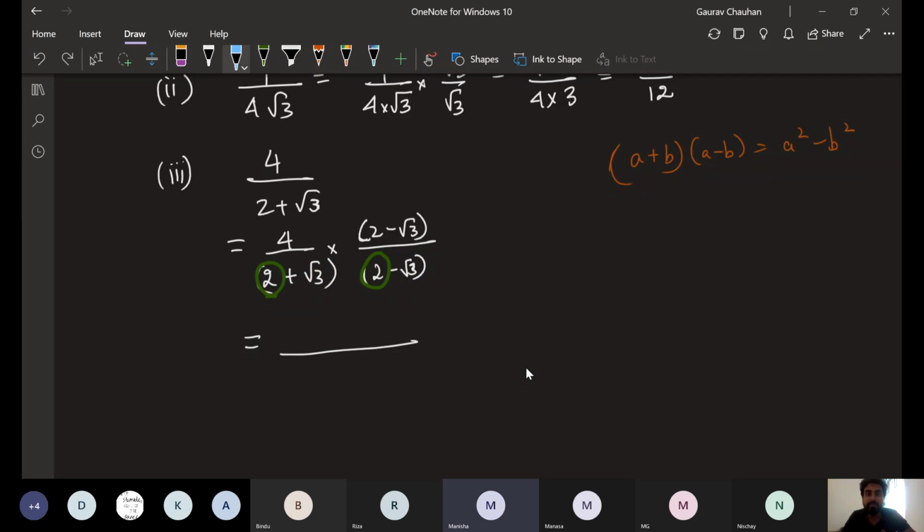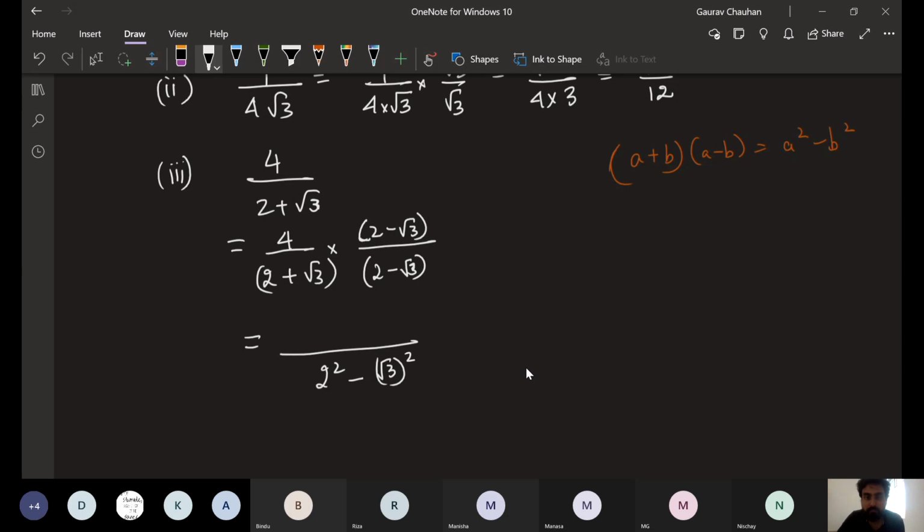So a plus b, a minus b is already there. What can I change it to? 2 square minus root 3 square. Perfect. Root 3 square is correct. What will 2 square minus root 3 square become, Manisha?